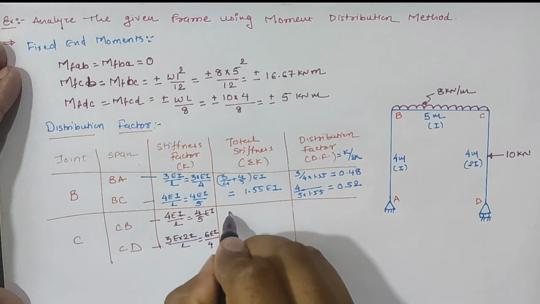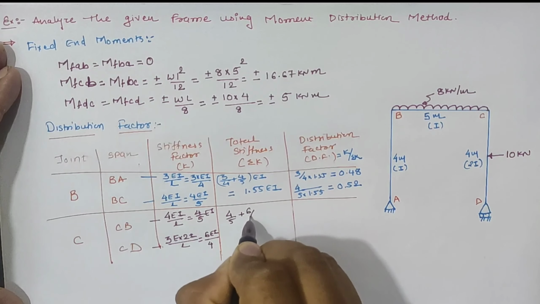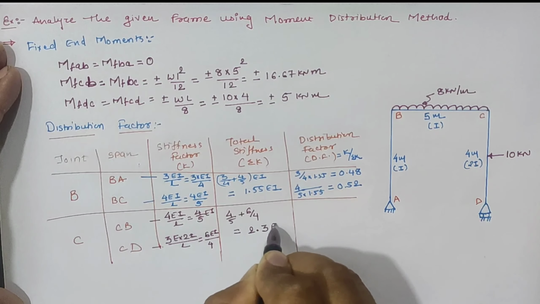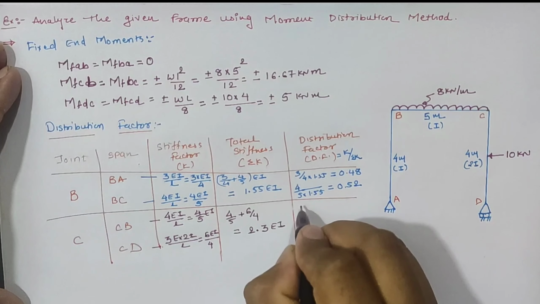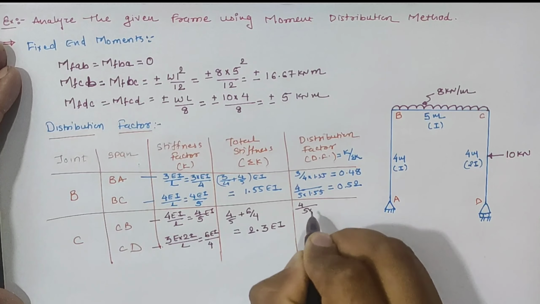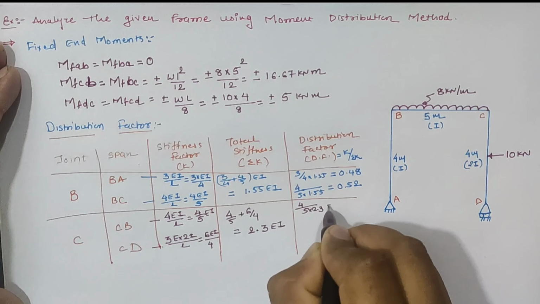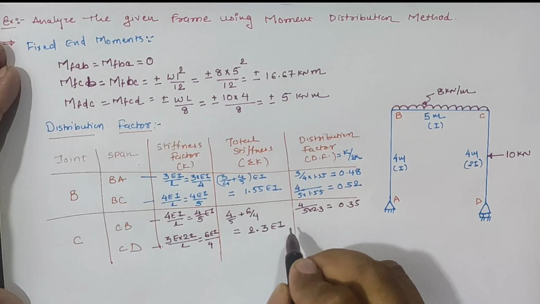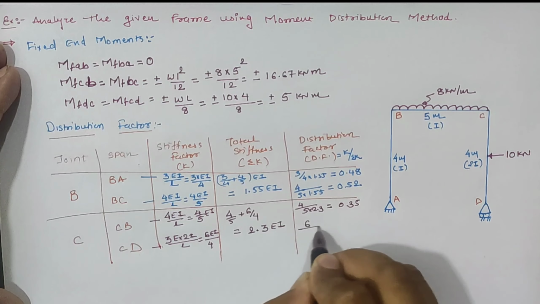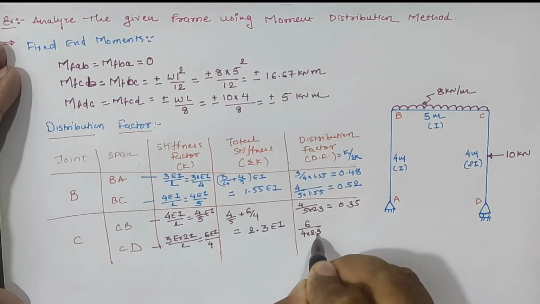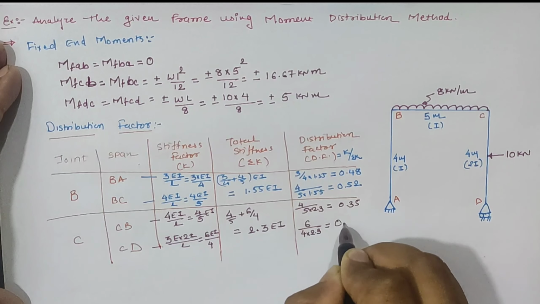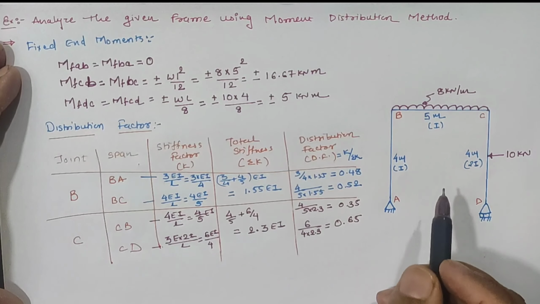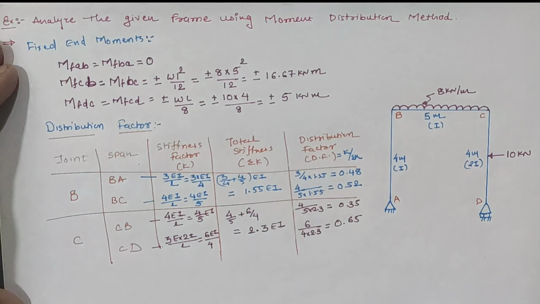And the total stiffness is 4 by 5 plus 6 by 4, which is equal to 2.3 EI. Now the individual distribution factor is 4 by 5 divided by 2.3, which is equal to 0.35 for the CB span, and for the CD span it is 6 by 4 divided by 2.3, which is equal to 0.65. So these are the distribution factors according to the given frame.